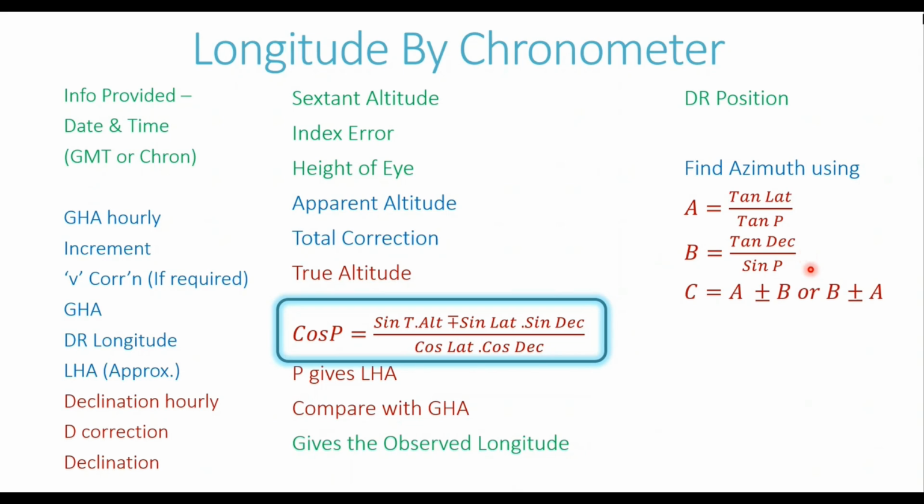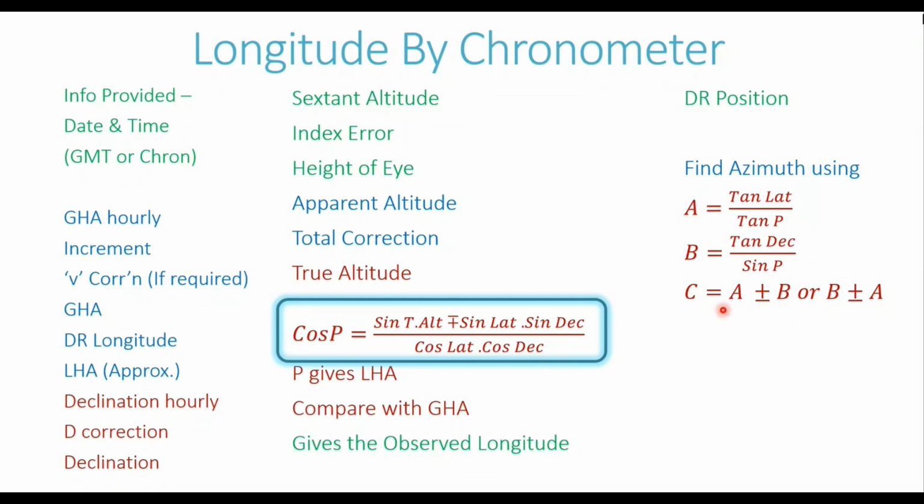Once we get A and B, combining them gives us the value of C. By combining, I mean they could be added or subtracted. If they are both of the same name, both are added up and the name is retained.